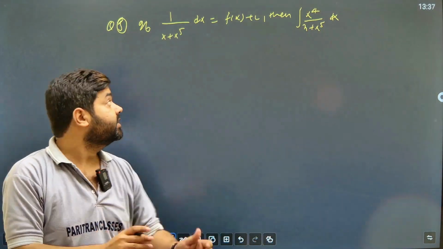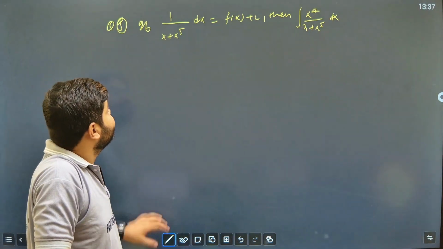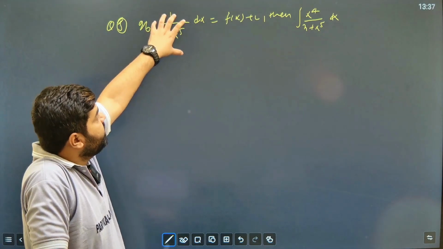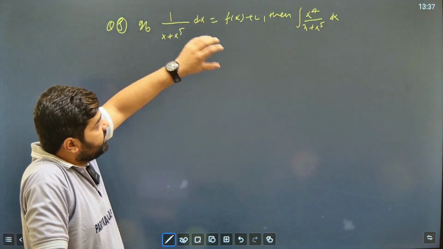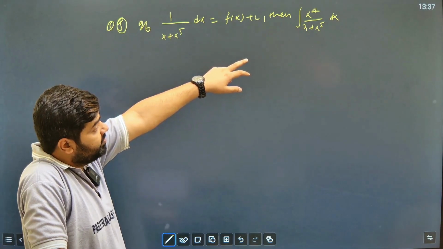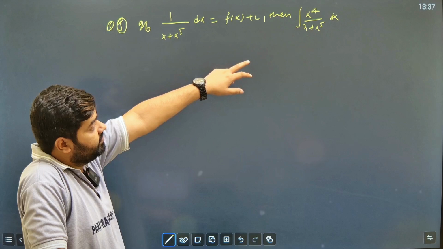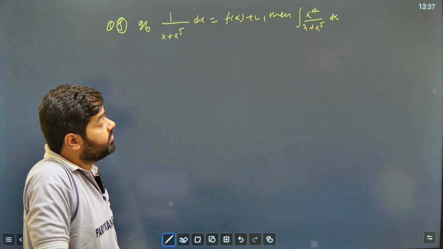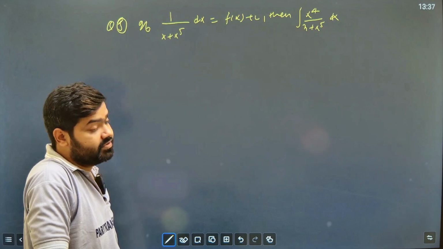So in this question, we can see some information is given. We have to utilize this information in our question, and we have to find integration of x to the power 4 upon x plus x to the power 5 into dx.